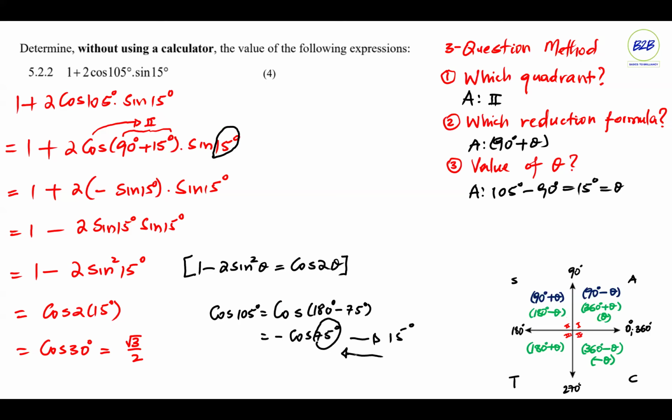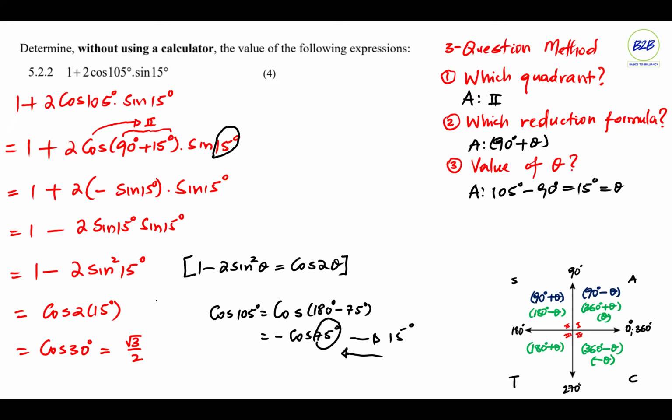So that is just more work. However, with 90 degrees plus theta, the one that we have chosen, you just go directly to 15 degrees. So eventually you'll get the same answer provided the steps are correct, but it's up to you which one you pick. All right.